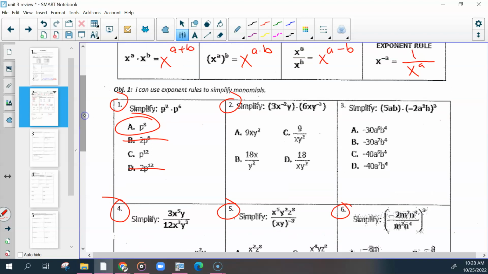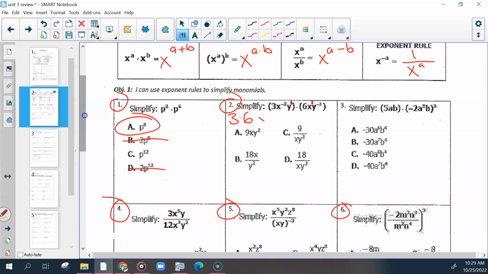For number 2, we have parentheses. Look in those first. Can we do anything inside the parentheses? No. So now we can look at both. We are multiplying these. We have 2 sets of numbers, so we're going to multiply those together. And then we are adding our exponents. If you need to, add in 1s here, so you remember to add those in.